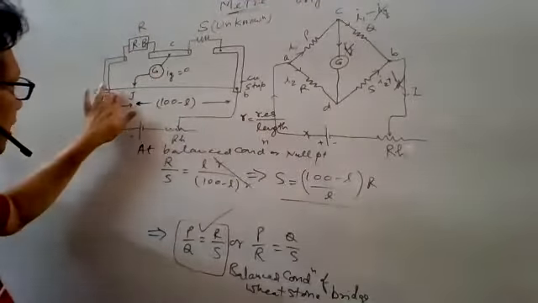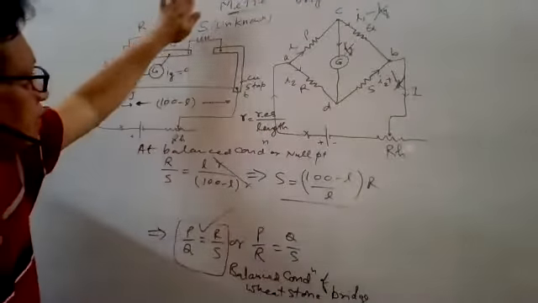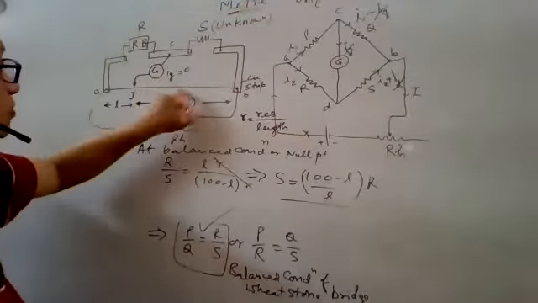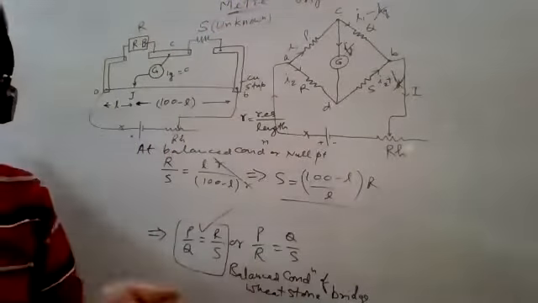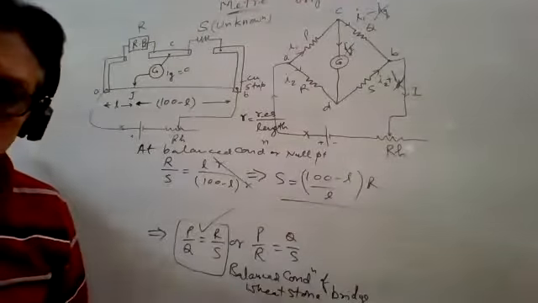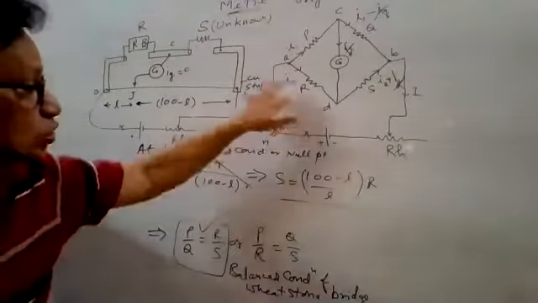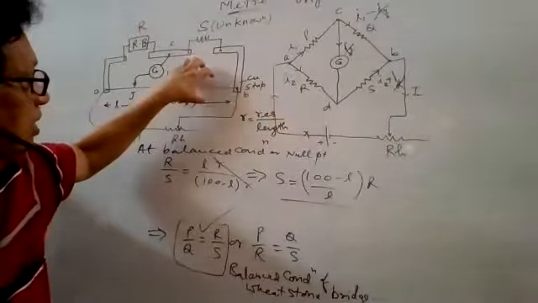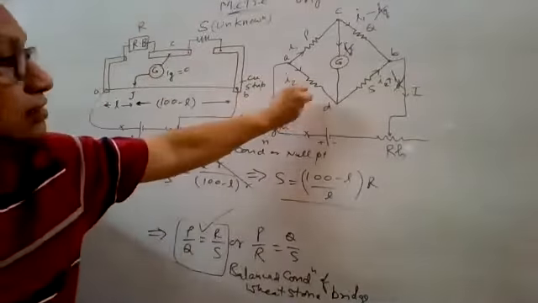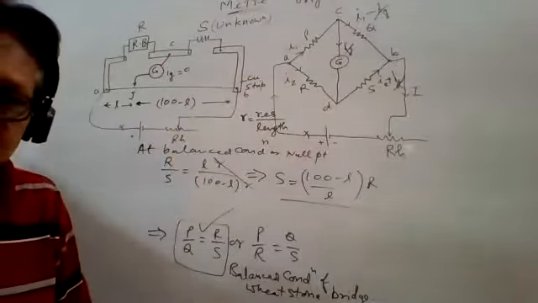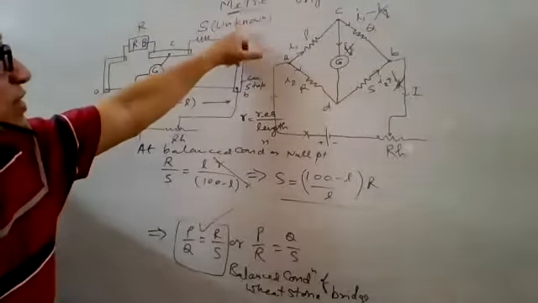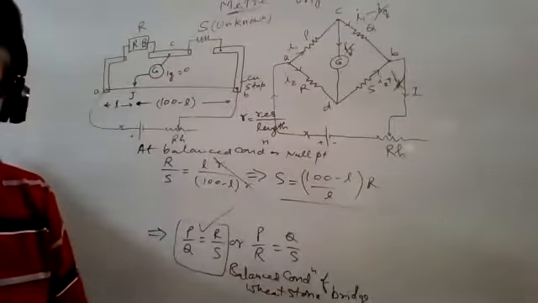So this is P, this is Q, this is R, this is S. Here S is unknown. You can vary the others, but you cannot vary S because you have to find the value of this unknown resistance. So these two are equivalent. This is called the meter bridge, 100% Wheatstone bridge. But practically, we are measuring, so the practical Wheatstone bridge is called the meter bridge or slide wire bridge.